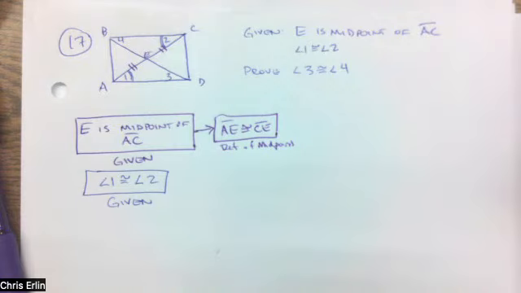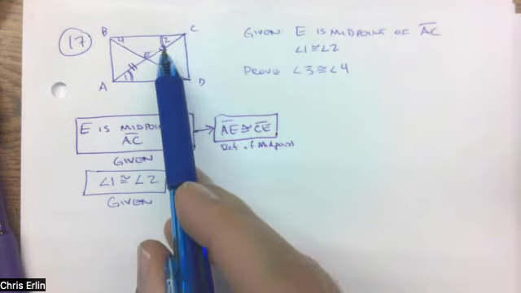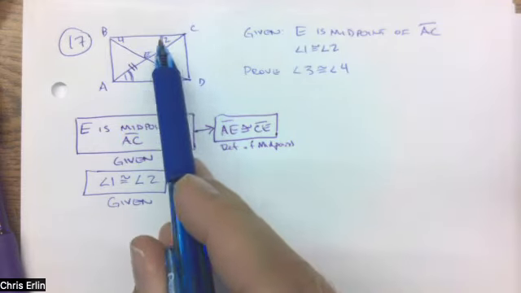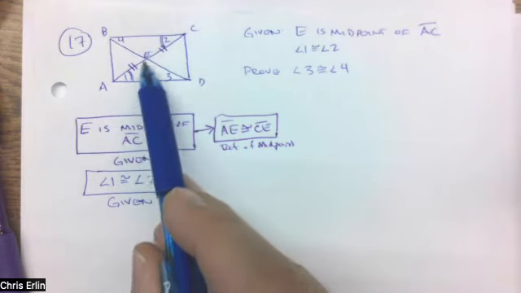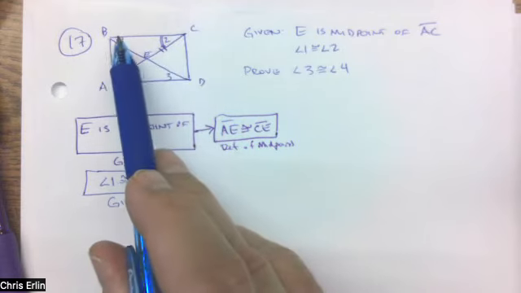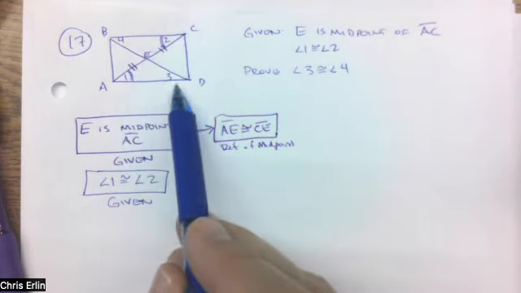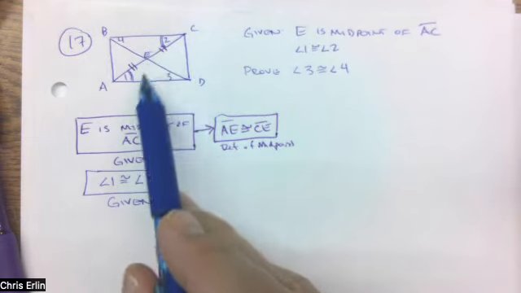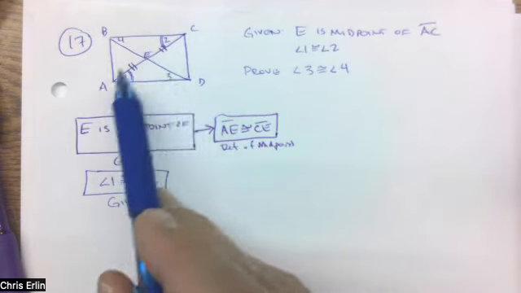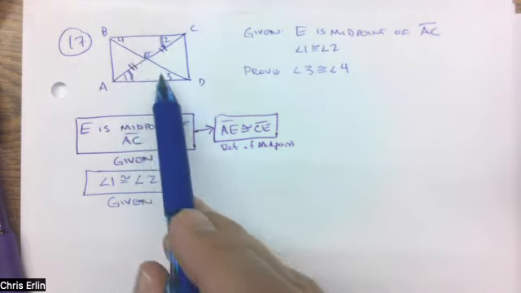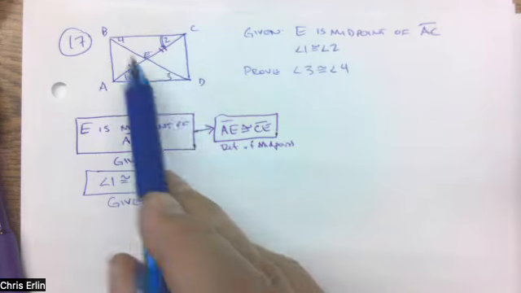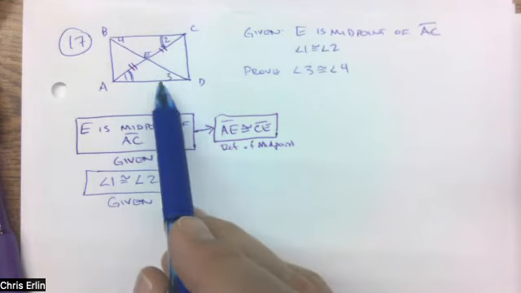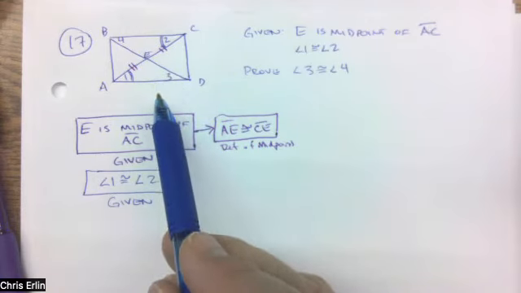Sort of. So there is a way to do this. What John is recognizing is that 2 and 1 are what kind of angles? Good. They're alternate interior. AC is the transversal. So we could say that BC is parallel to AD, because if alternate interiors are congruent, then the lines must be parallel. And then we could say, well, 3 and 4 are also alternate interior angles. So if we've got the parallel lines, we call BD a transversal, we could say they're congruent. But that's a lot of steps. Can we do this faster?